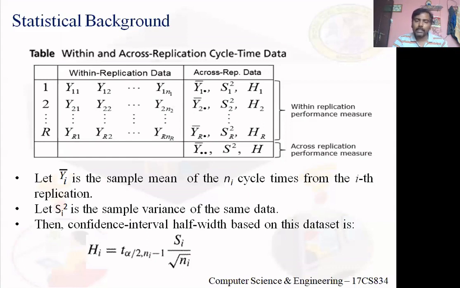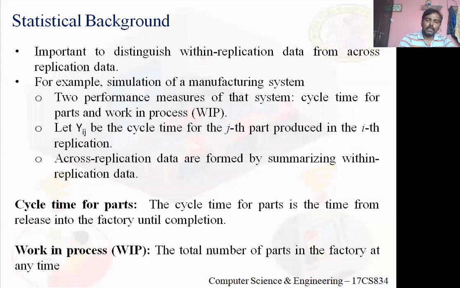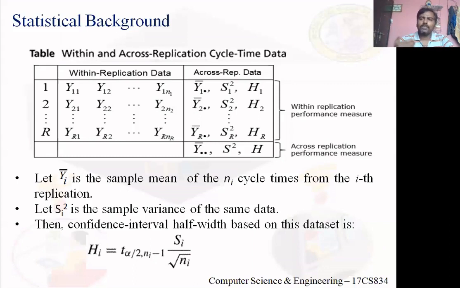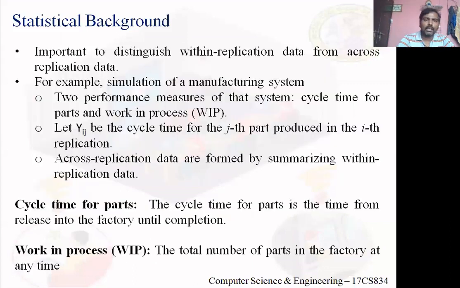In the manufacturing system, Y21 represents the cycle time for the first part in the second replication. In general, rather than Y21, it is Yij: the cycle time for the jth part produced in the ith replication. Hope you got this point.